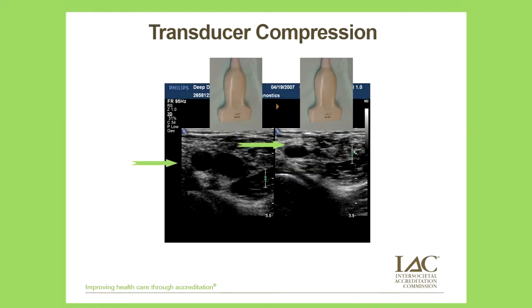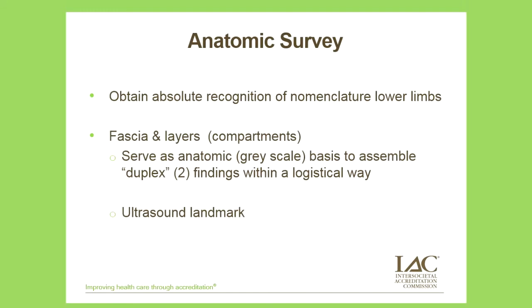So this is just an ultrasound example, a still image. Again, this is a dynamic test, but we take still images. To the left of the screen is the common femoral vein and then with compression. That's our anatomic survey, and that's really important when you're looking at veins, and I'll show some examples of that later. When you're in a longitudinal picture compared to transverse, you can tell a lot more about the anatomy.